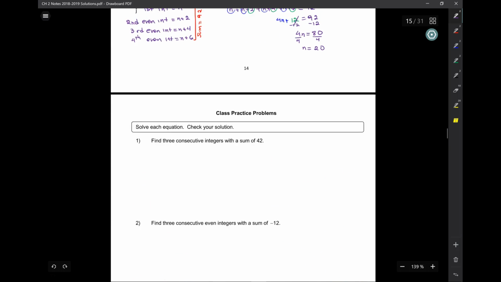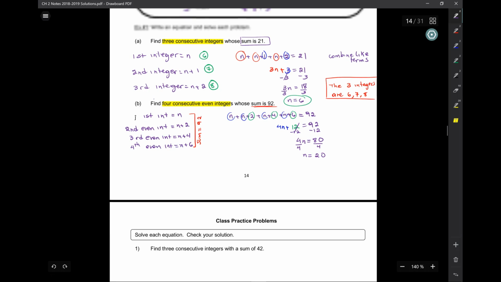Even consecutive integers means go up by 2. So, 20, 22, 24, 26. Okay? So these are the 4 even integers.